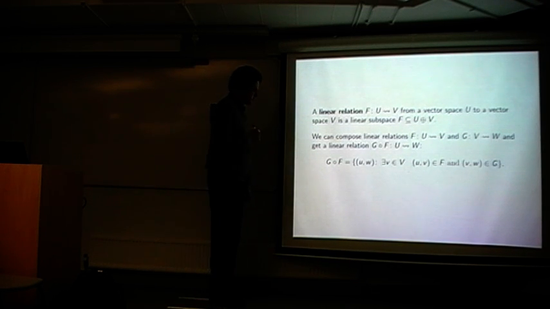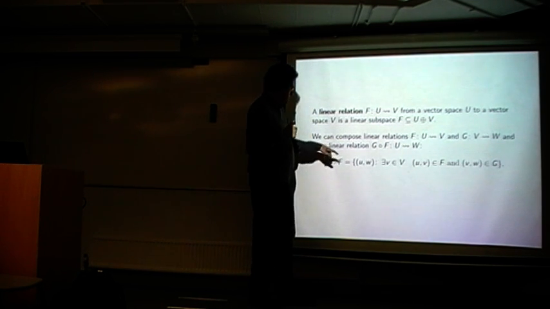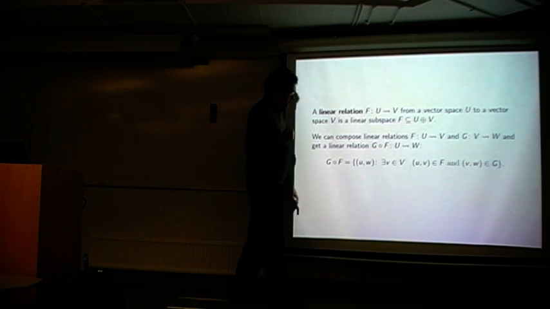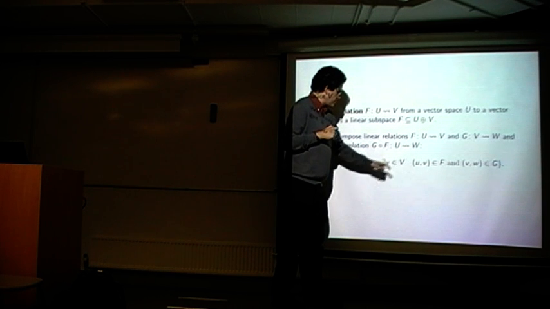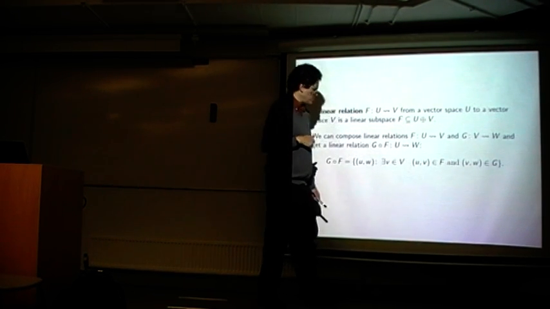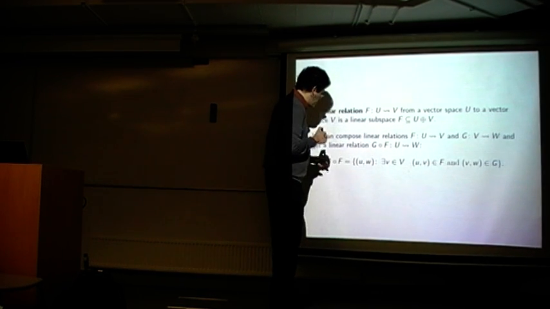Remember, a function is itself also a set of ordered pairs. So here we say that (u, w) is in this subset, G composed with F, if there's some v in the vector space V such that u and v are related to each other by the first relation, and then v and w are related by the second relation.